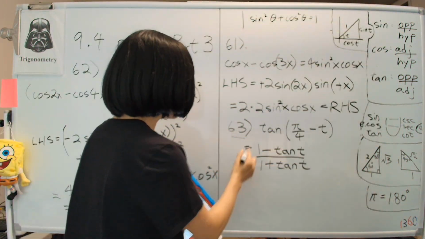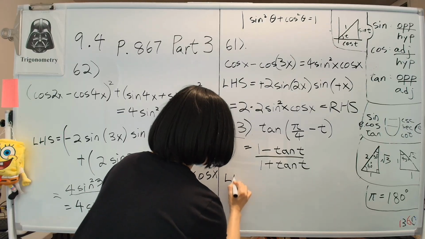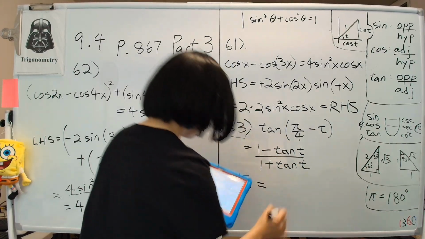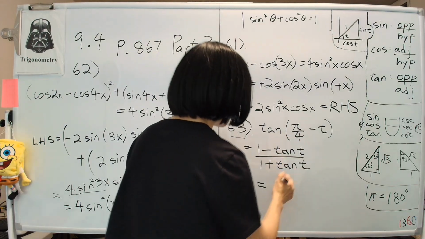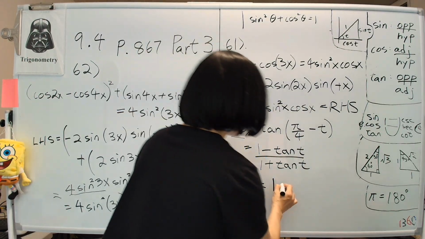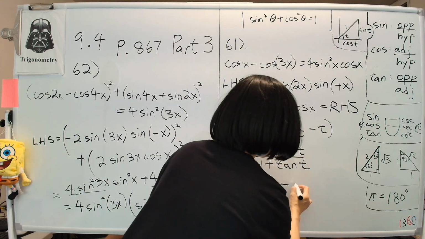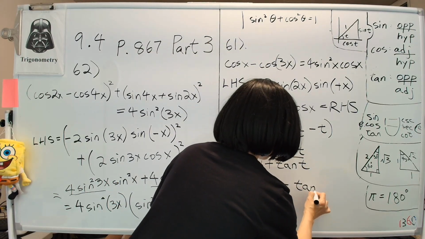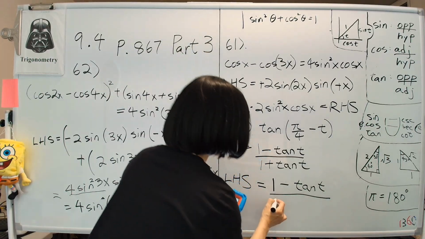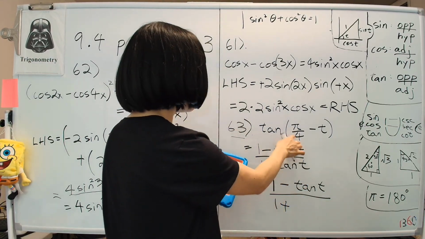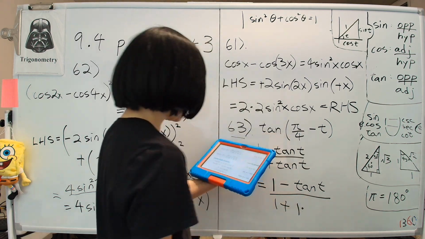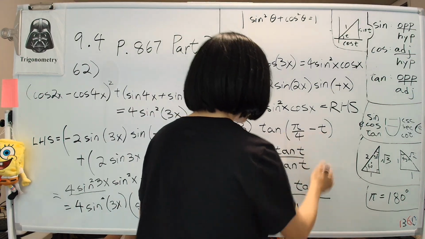Following that formula, the left-hand side equals tangent alpha, which is 1, since tangent pi over 4 is 1, minus tangent beta, that's t, so it's 1 minus tangent t, divided by 1 plus tangent alpha, which is again 1, times tangent beta.